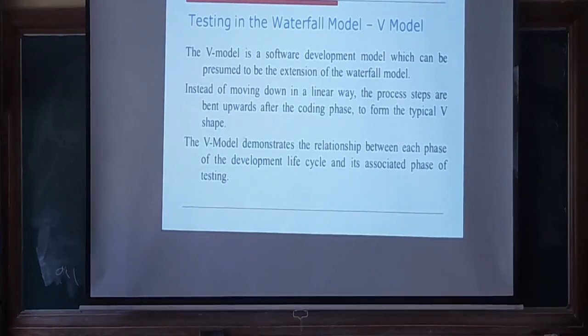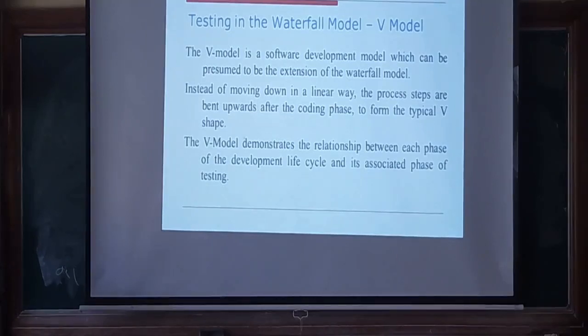This V model is the testing model which corresponds to the waterfall part. So the V model is a software development model, which can be presumed to be an extension of the waterfall model. So when we specify the waterfall model, for every level the test level is identified and specified in the V model.